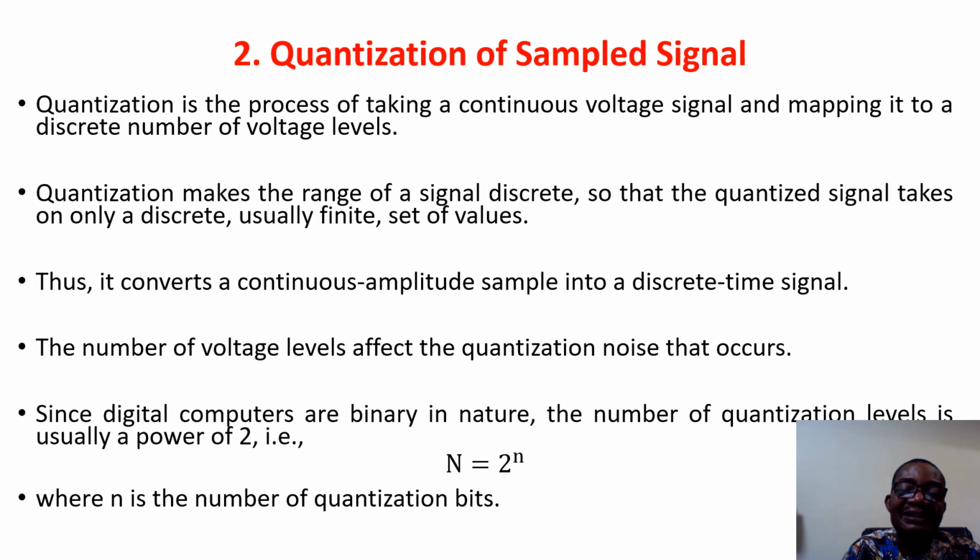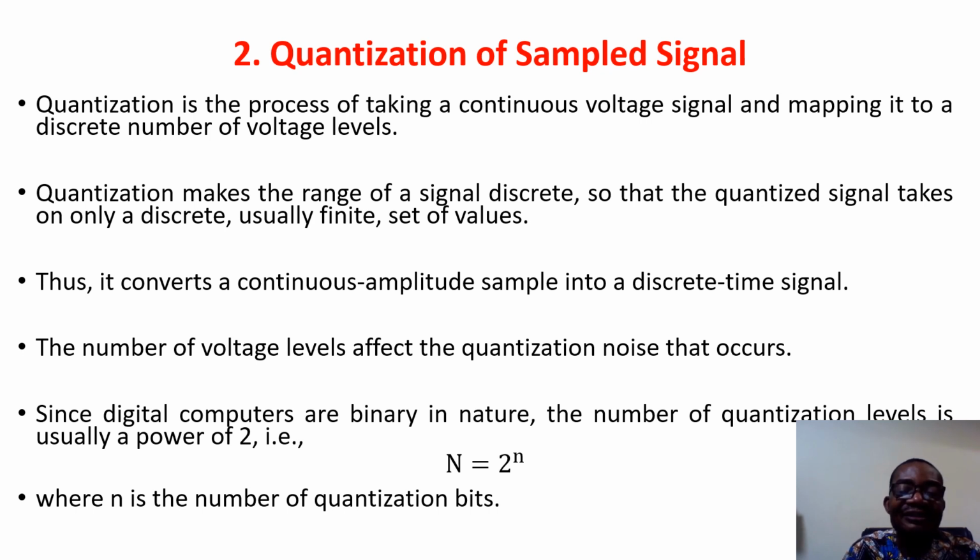So quantization makes the range of a signal discrete so that the quantized signal takes on only a discrete set of values, or finite values. Thus, it converts a continuous amplitude sample into a discrete value.